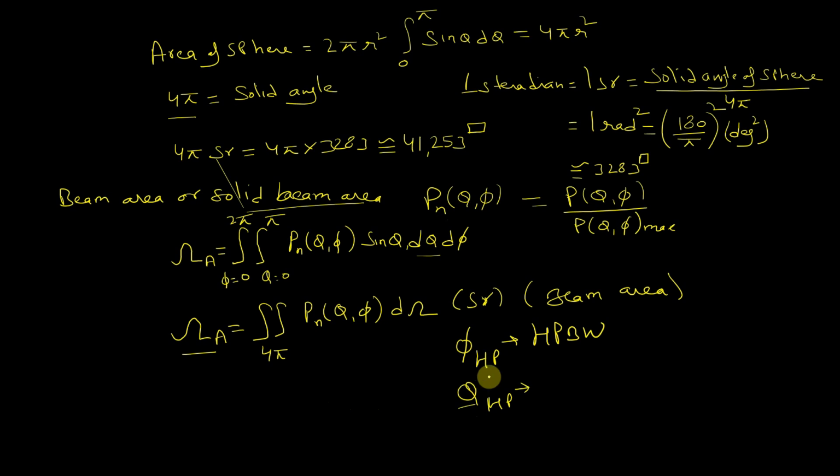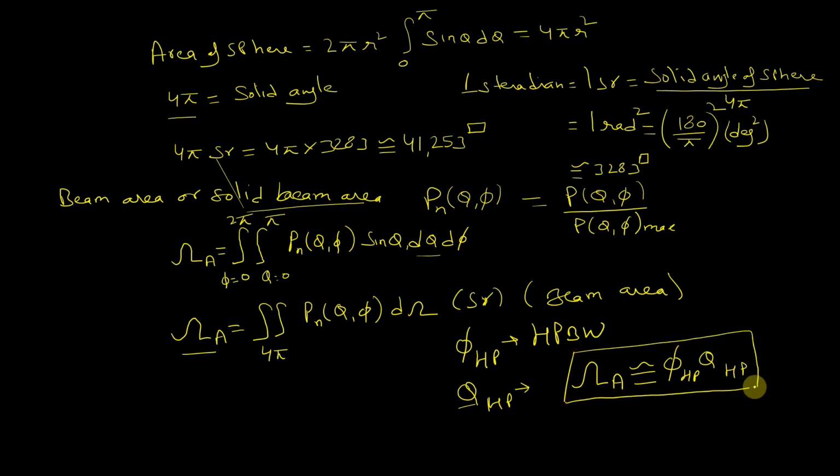So we can also give this beam area in terms of theta HP and phi HP. The approximate value of this beam area will be equal to phi HP times theta HP. So this relation also holds. We will use it time and time again in the coming sections.